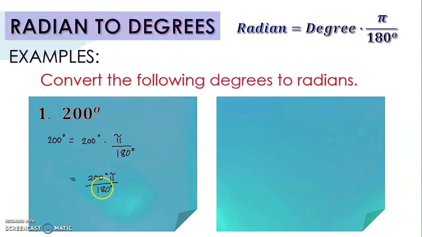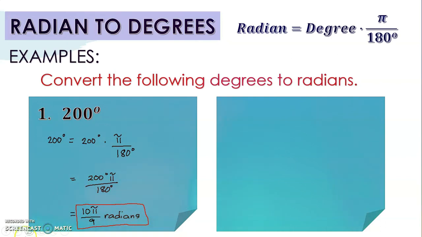And I want you to use your calculator, class, in simplifying 200 degrees over 180 degrees. Of course, you can cancel out degrees now. So, it will become 10 pi over 9 radians. And don't forget to write the unit of measure, which is radians, and you need to box your final answer.